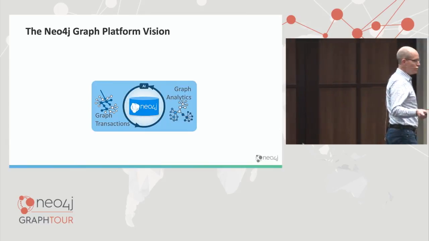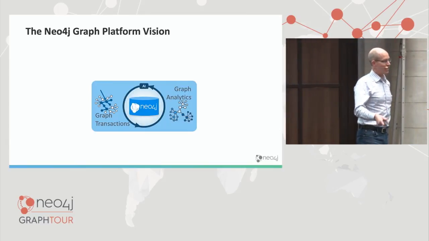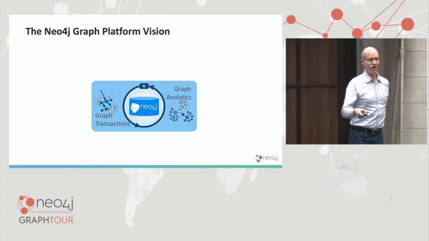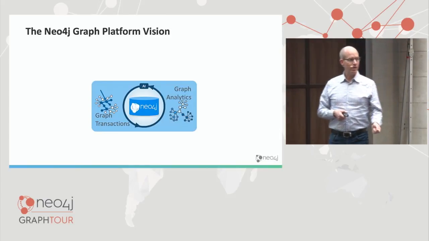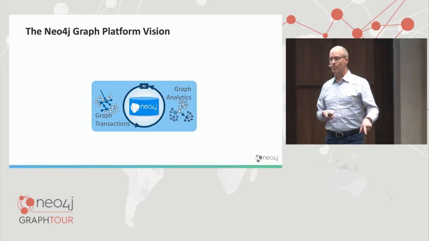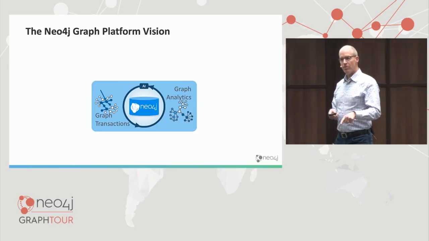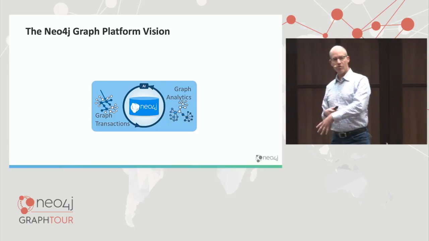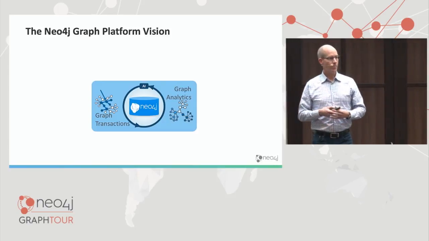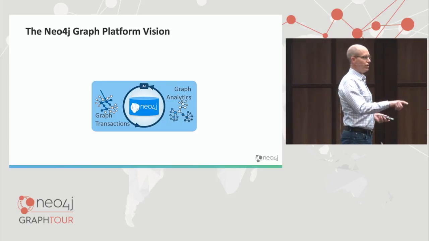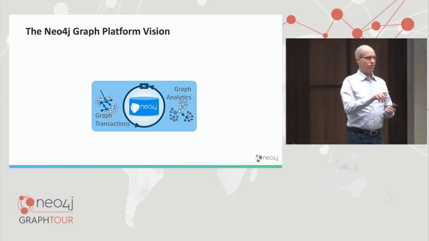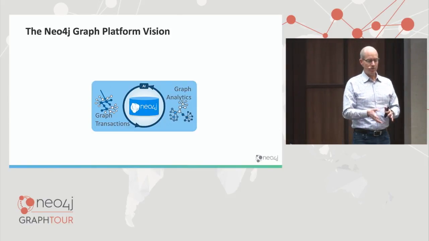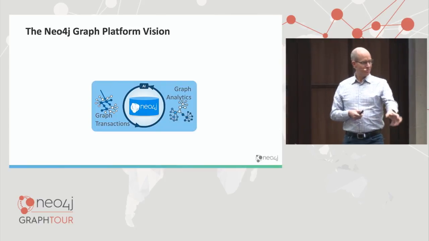Now, once you have the transactional data in Neo4j, you have the analytic data in Neo4j, and the transactional data is flowing in real time, and it's informing the analytic data out the other end in real time. What you have is a feedback loop that is akin to, we have this circle here.